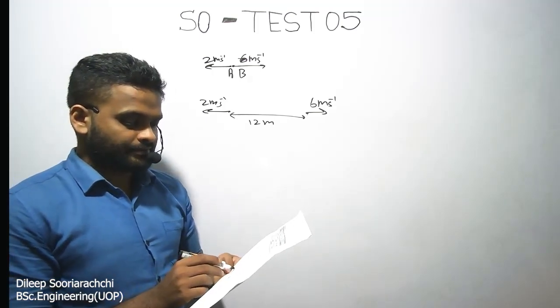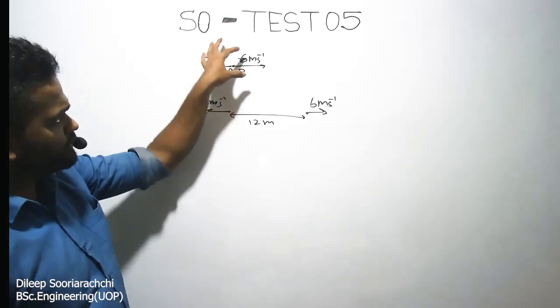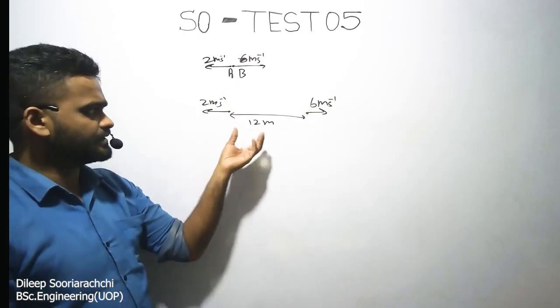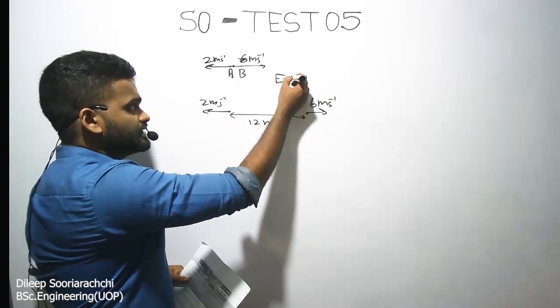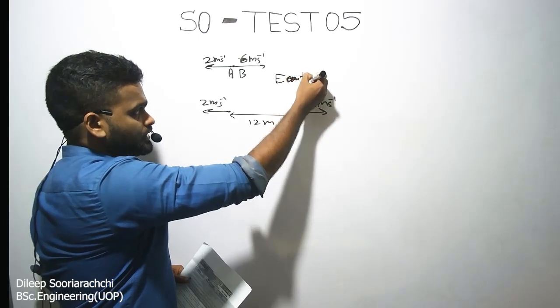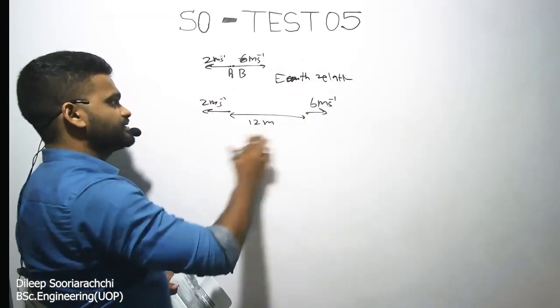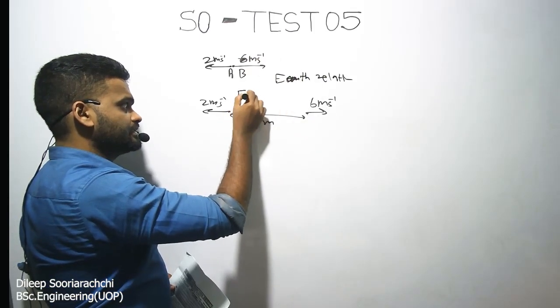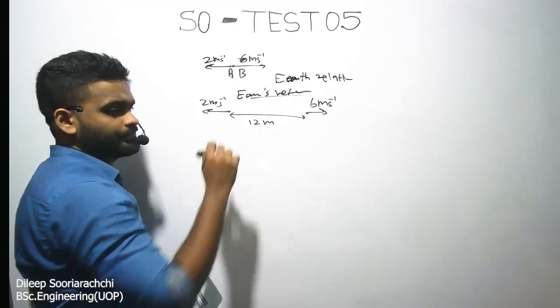Right, let's see. When you draw these, all these velocities and displacements are relative to Earth. All these are Earth relative. So we call these diagrams the Earth reference frame.